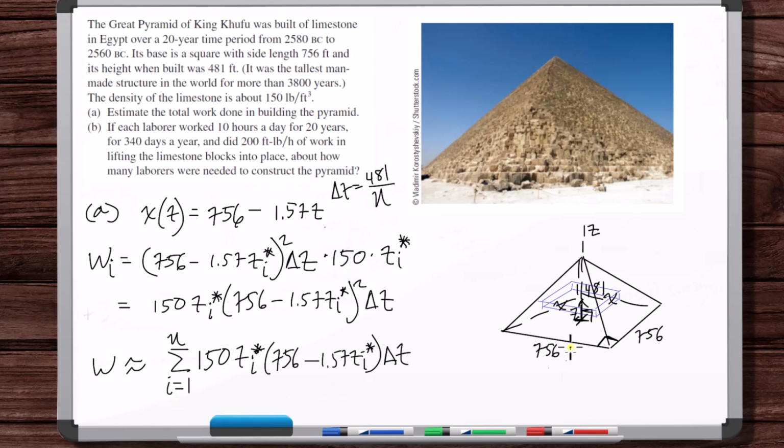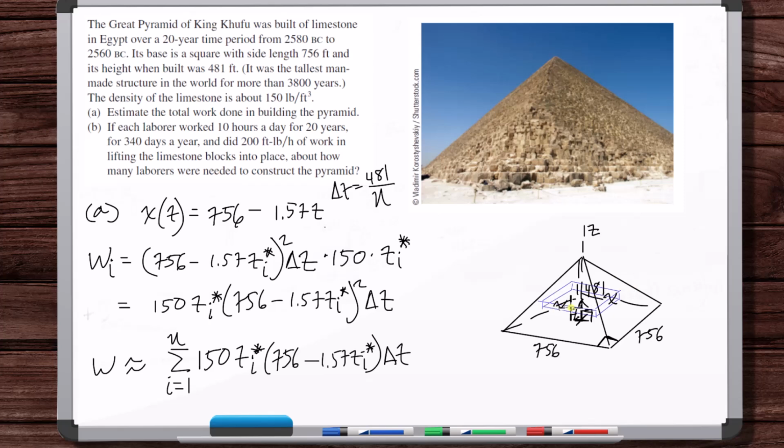So if you want to approximate the total work done to lift all the stones to build the pyramid, you choose any point you want to evaluate the square within the interval, and you choose n equal to 20, n equal to 30, whatever.